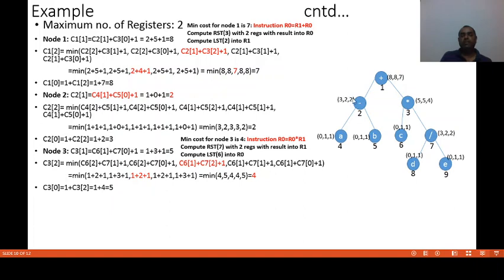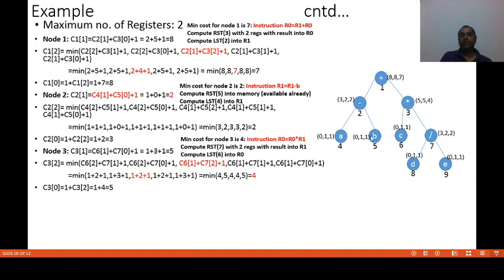And we know that in that case if I am using register 1 only, this will use minimum registers. So this is selected for register 1. How am I getting this? By using register 1 evaluate node 4, by using register 0 evaluate node 5, and 1 is the store cost. So the instruction will be R1 equal to R1 minus B.